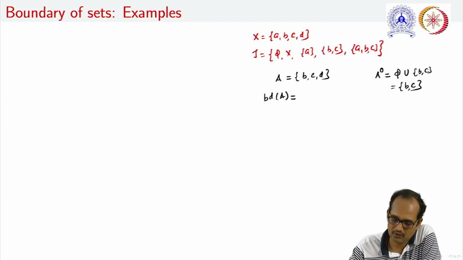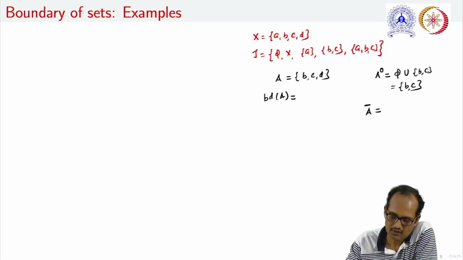If we are computing the closure of A, let us see what the closed sets are. The closed sets are X, the empty set, the complement of a, that is bcd, the complement of bc, which is ad, and the complement of abc, which is d.